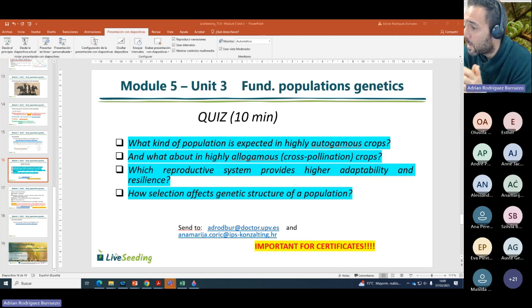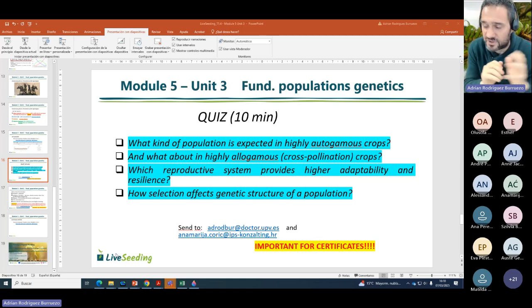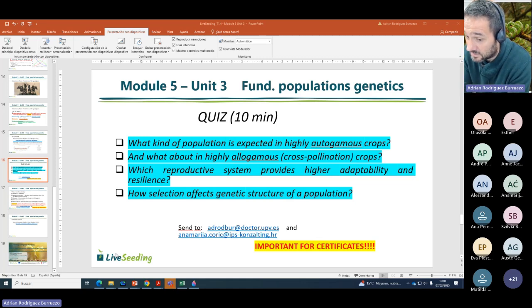And finally, how does selection affect the genetic structure of a population? As I told you, usually, on the whole, in general terms, diversity decreases, because selection, both natural selection and breeder selection, is in favor of some genotypes and against the others.